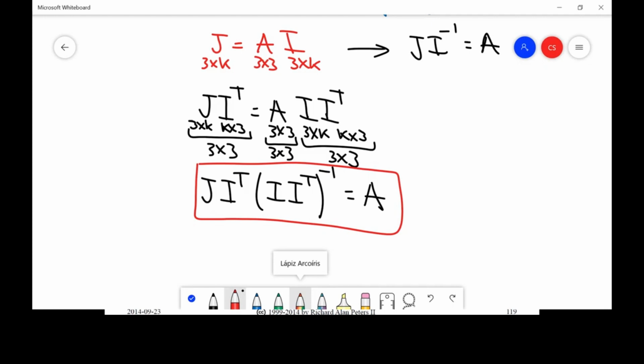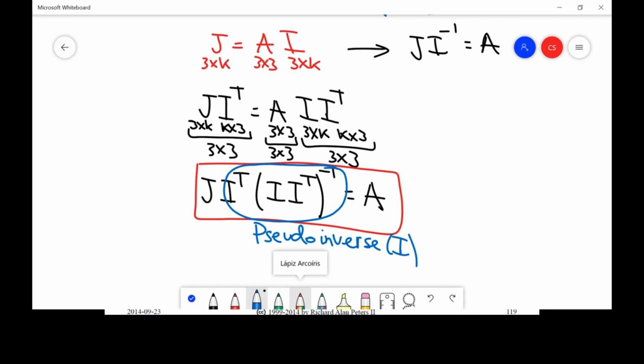I'm not showing that this is the minimizer, but you can believe it. This thing here is called the pseudo-inverse of I.